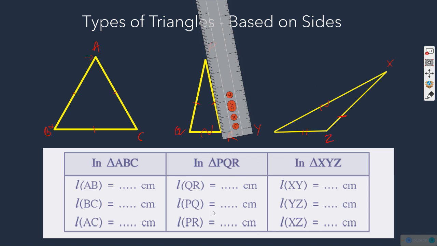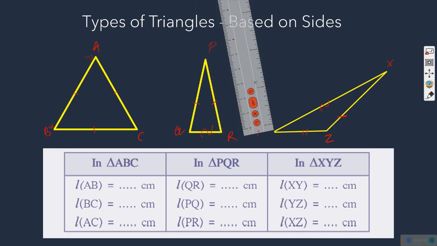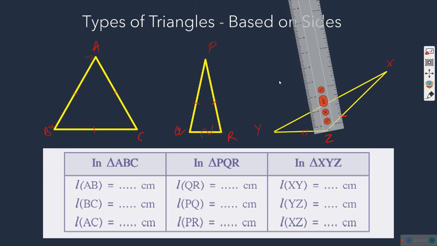So you will write PQR. I will just fill it up for you now. QR appears to be 2.2 centimeter. PQ is 5 centimeter. PR is 5 centimeter.